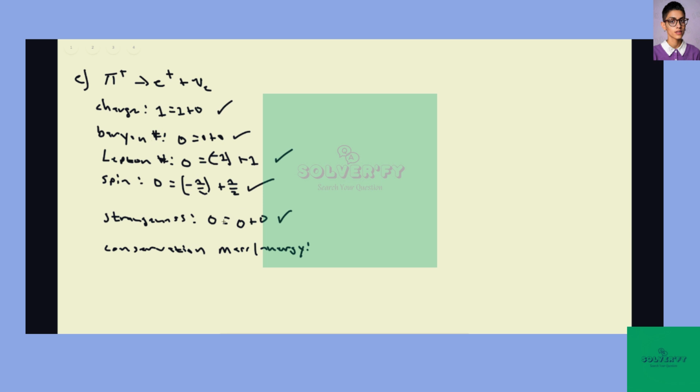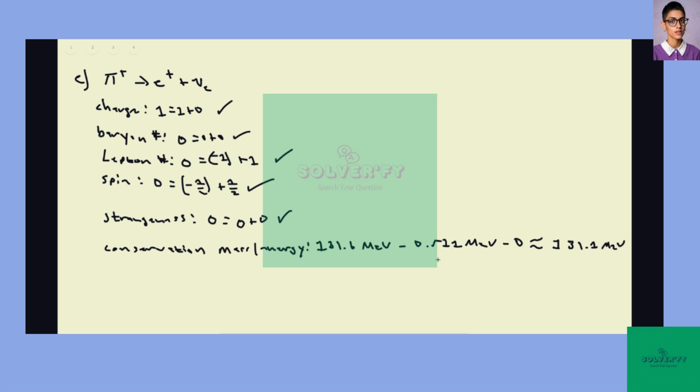So the pion is 139.6 MeV minus an electron, which is 0.51 MeV, minus 0 because a neutrino basically has no mass. It has very, very little mass. But this is approximately equal to 139.1 MeV.